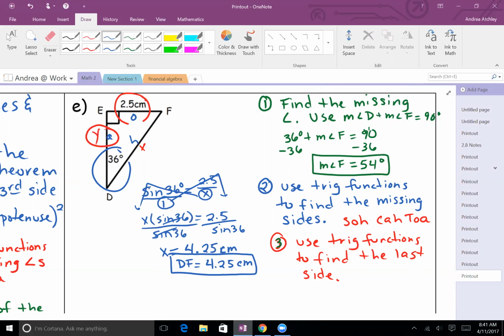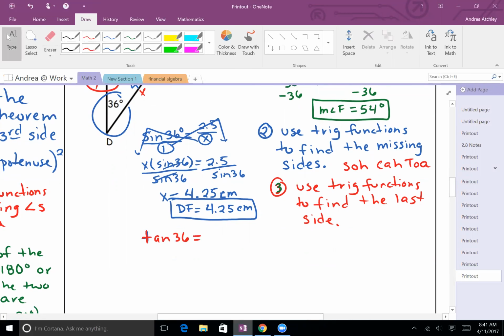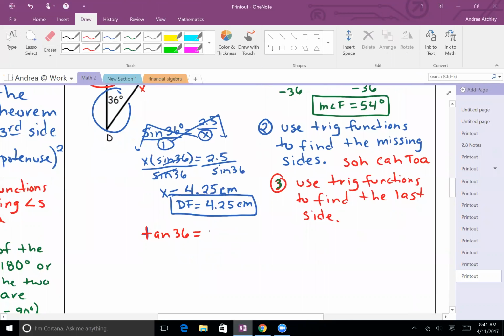Which trig function am I going to use? Okay, the tangent. So the tangent of 36 equals my opposite of 2.5 over the adjacent of y.